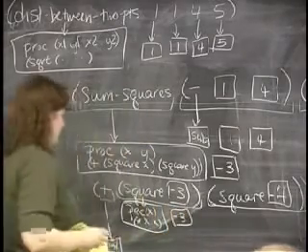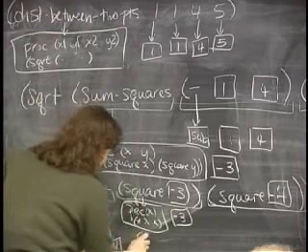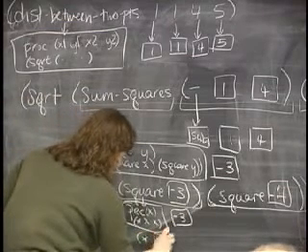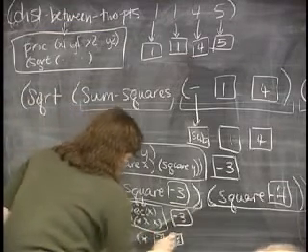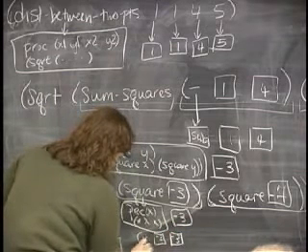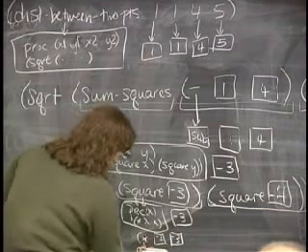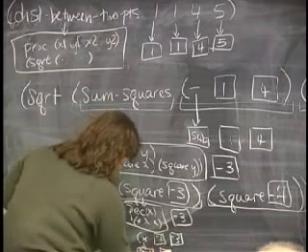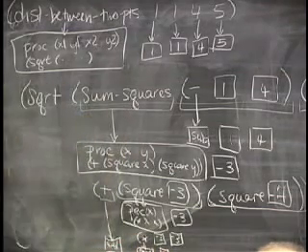So -3 gives us times -3, -3, times goes to multiply, and this gives us 9, way down there at the bottom of the board.